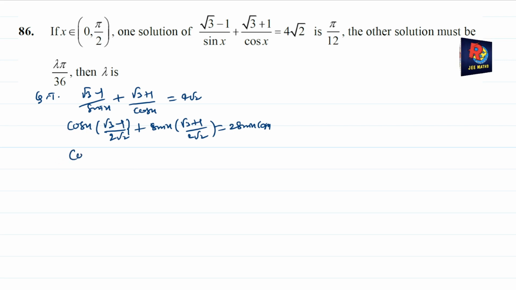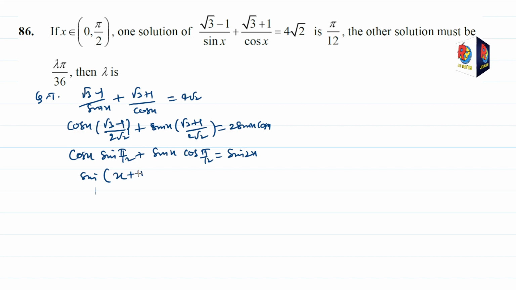So now I can write cos x into this, which is sin 15 degrees, that is 5 pi by 12. Sin x into this is cos 15 degrees value. This is sin 2x. Sin a cos b plus cos a sin b. Sin of (x plus 5 pi by 12) is equals to sin 2x.